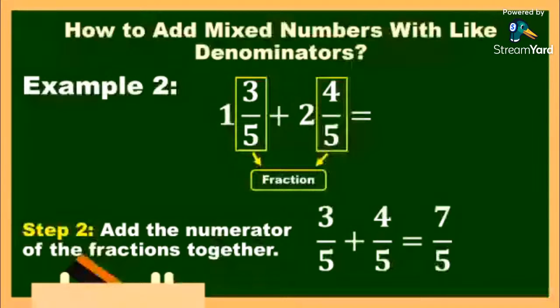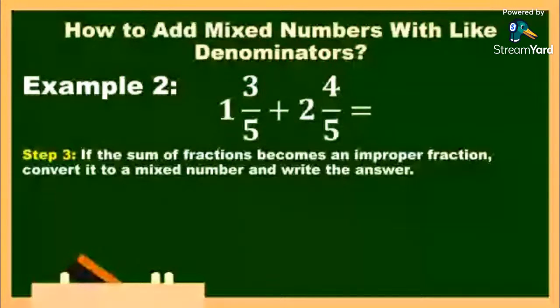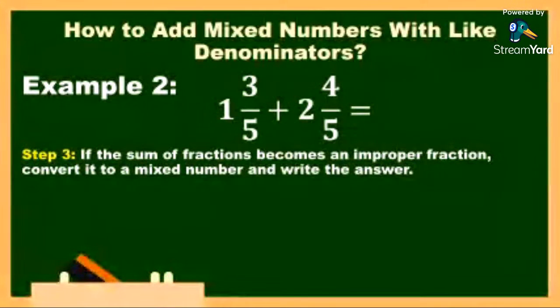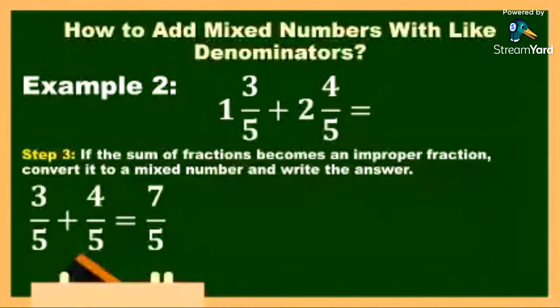Step 3. If the sum of the fractions is an improper fraction, convert it to a mixed number and write the answer. So 7 over 5 is an improper fraction, meaning we will convert it to a mixed number. So to convert it to a mixed number, we will use the numerator 7 as our dividend and the denominator 5 will be our divisor.